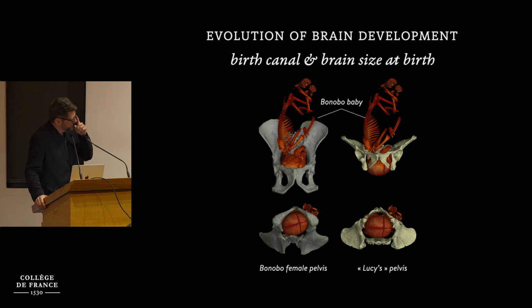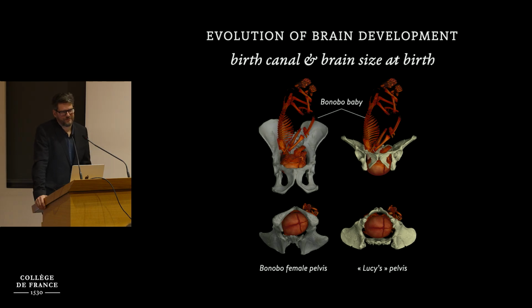Here you can see, for example, the comparison between the pelvic shape and the birth canal of a bonobo female. We also micro-CT scanned bonobo neonates. And on the right-hand side, you see Lucy's pelvis.